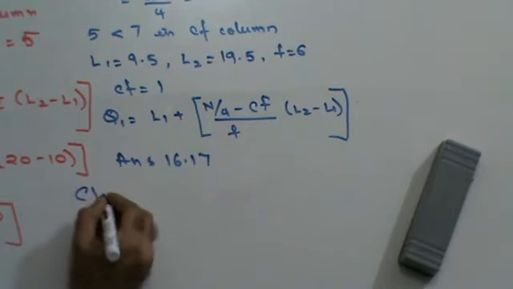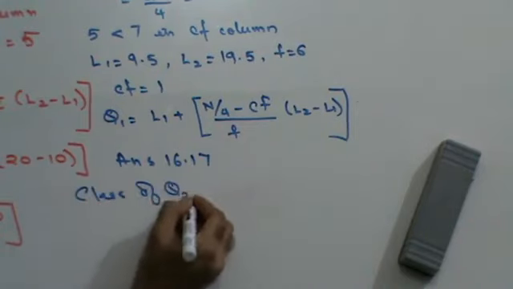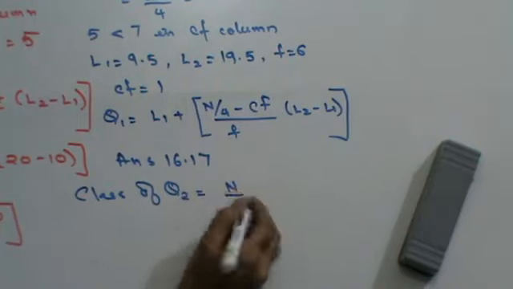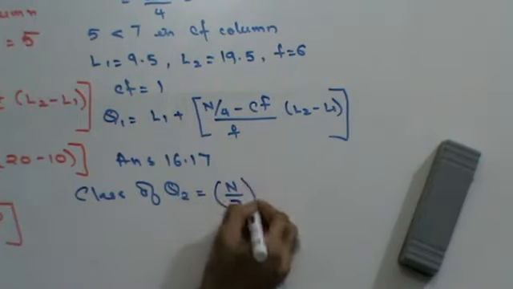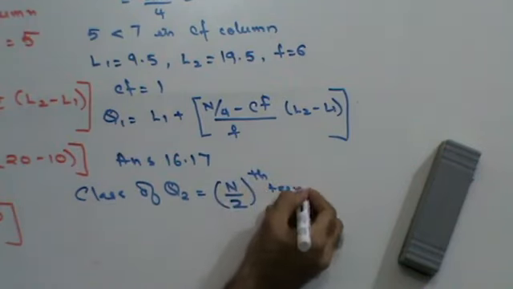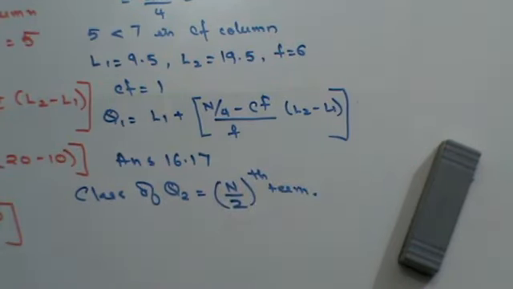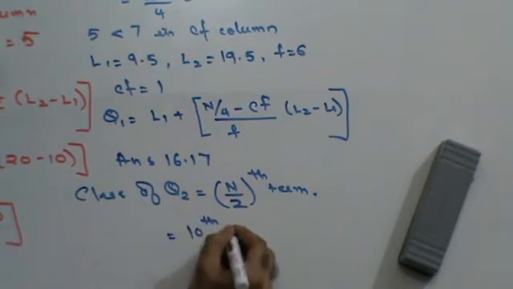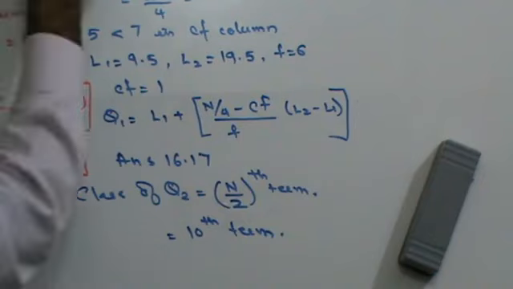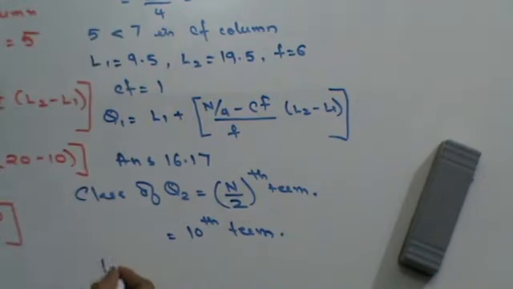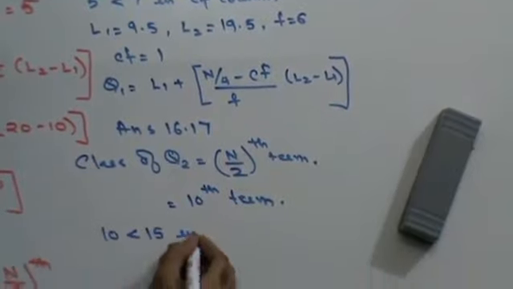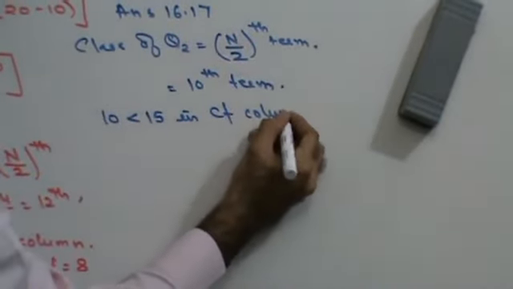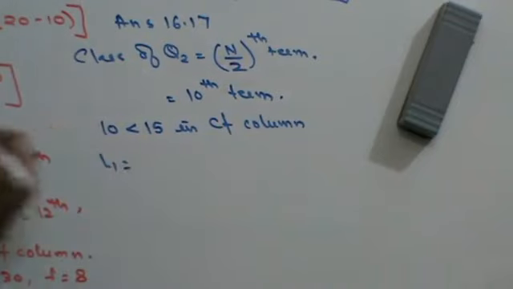Similarly, class of Q2 is going to be N by 2th term. N is 20, 20 divided by 2, 10th term. You have to check that 10 is less than 15 in the CF column. In which case, L1, you will not write it as 20 since the class interval is not continuous.